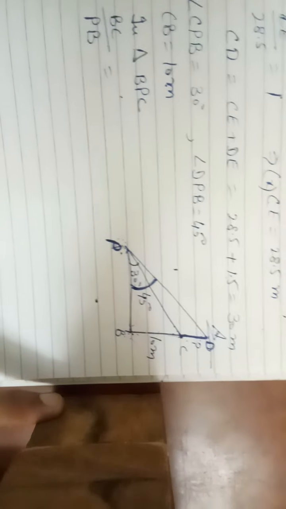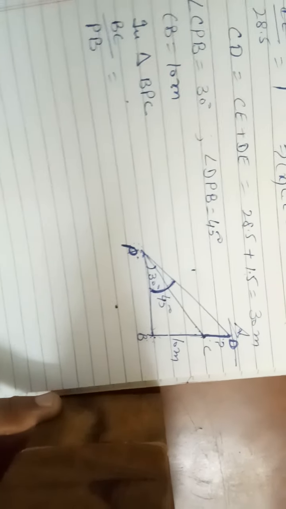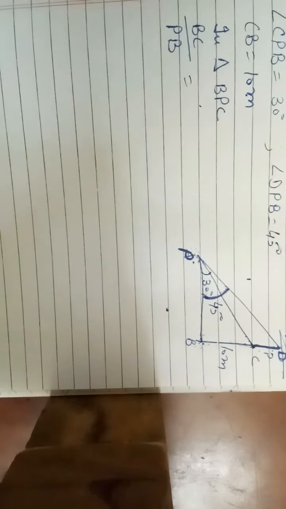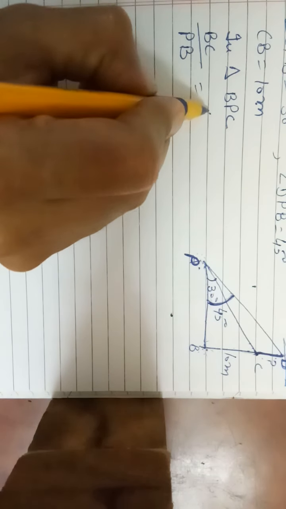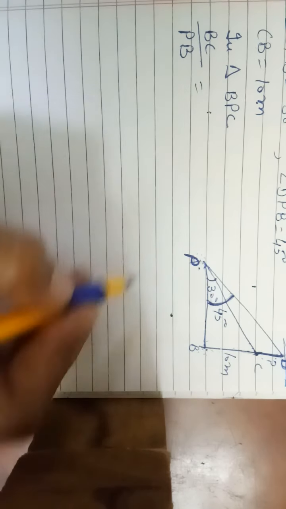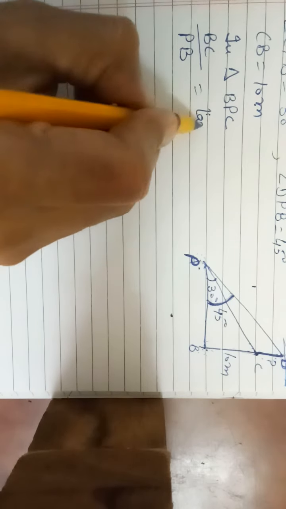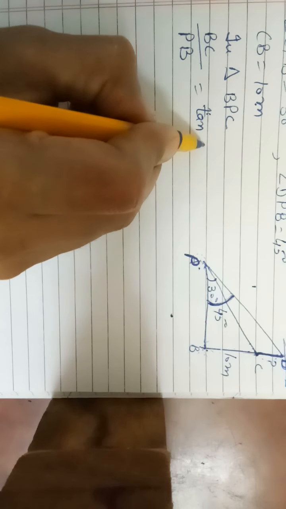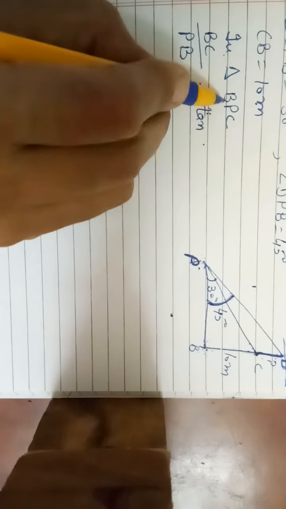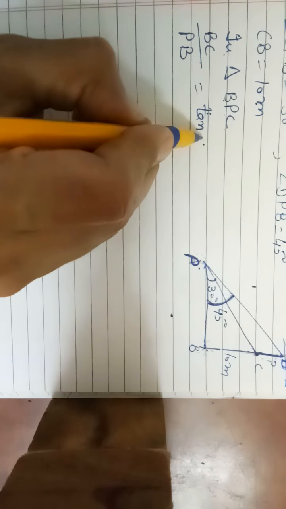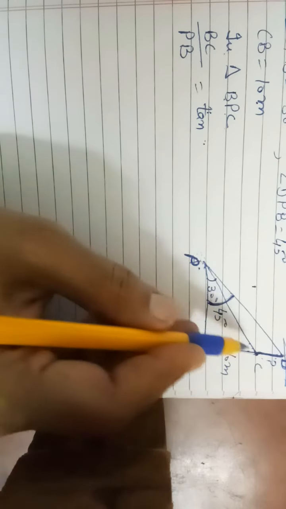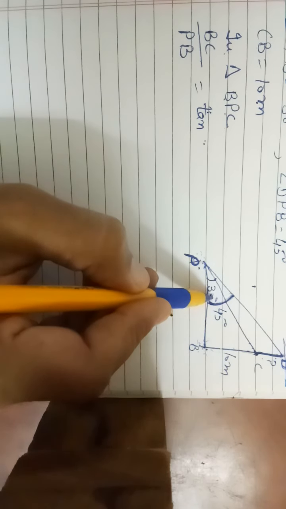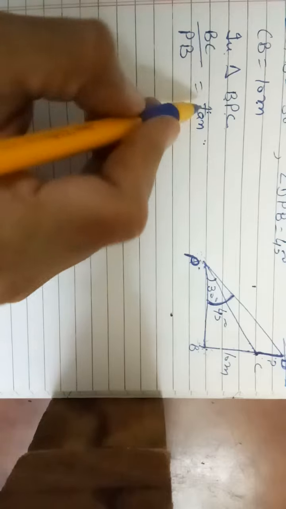Perpendicular upon base, P upon B, tan of the angle. Which angle is here according to BPC? 45? What 45? BPC. This is not 35. This is 30 degrees only.